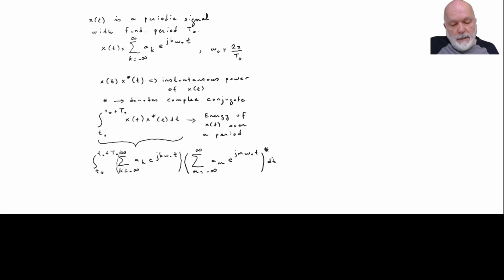Okay. Now, I think it is clear why we have chosen a different index in the second series expression, where we evaluate the conjugate of x of t, because we have to keep track of the terms of the product when we multiply these two series expressions term by term.